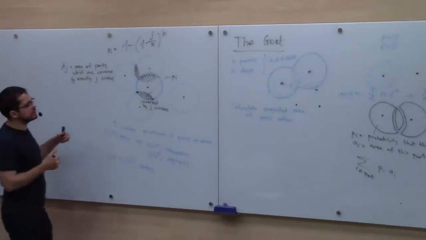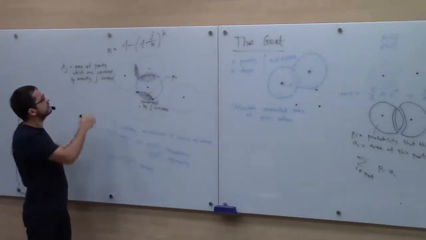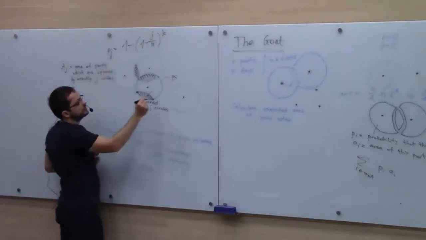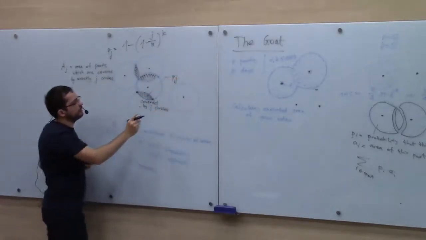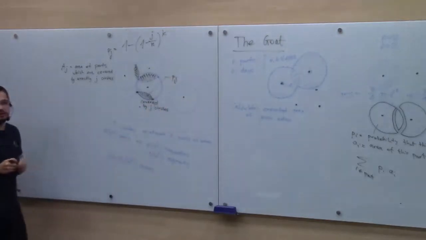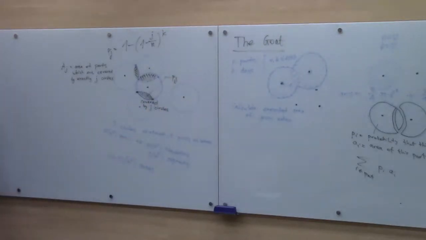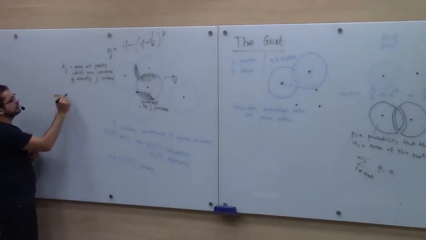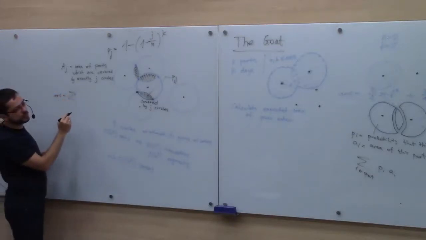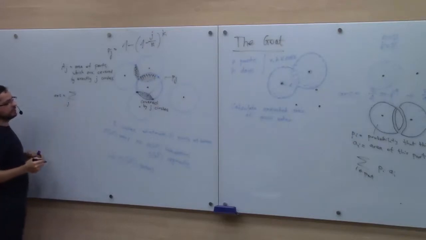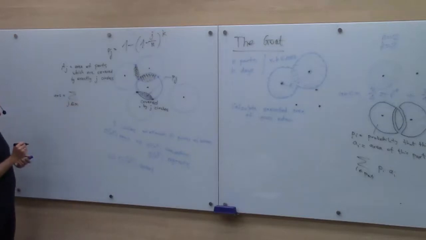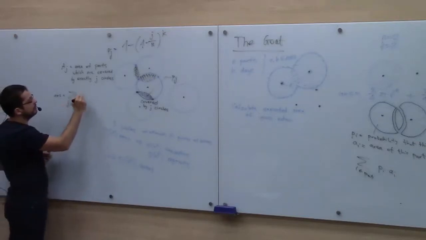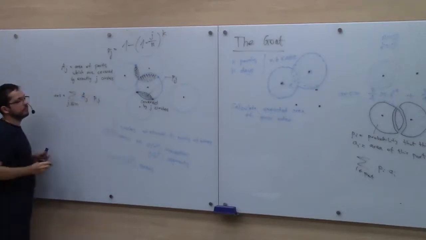And let's say that this probability, let's call it Pj, will be the probability of hitting the part which is covered by j circles. So then our answer would be: we just have to consider all possible j's, and there are at most n possibilities here, because we have at most n circles, and we have to multiply Aj by the probability Pj.